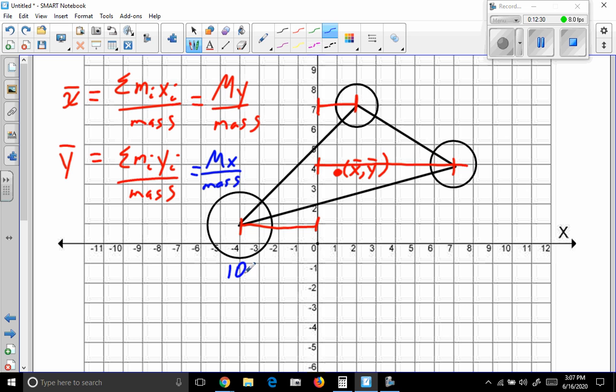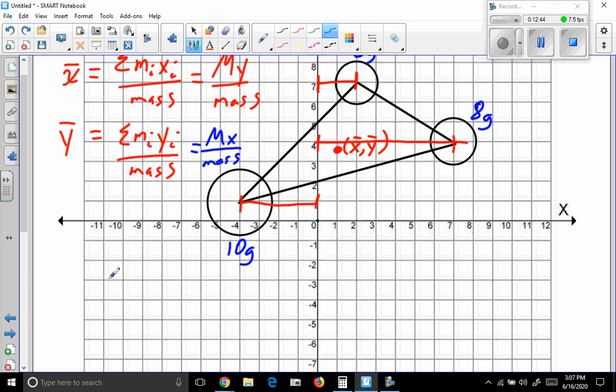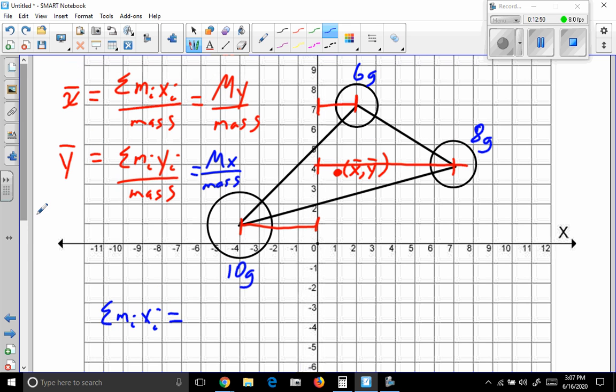So if this was 10 grams and this is 8 grams and this is 6 grams, then if we want to find the center in the x direction, then we sum the moments in the x direction. So I'm just going to go left to right.